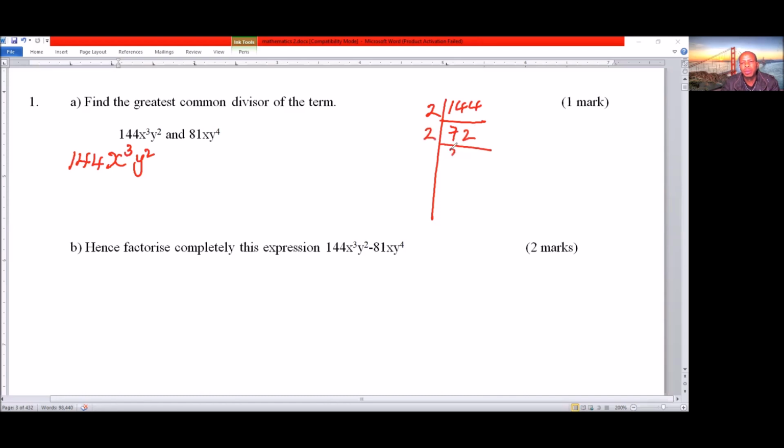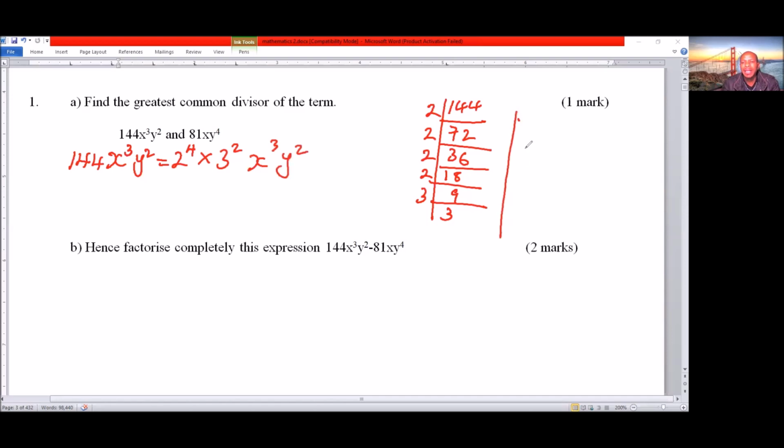Divide by 2, you get 36. Divide by 2, you get 18. Divide by 2, you get 9. Divide by 3, and you get 3. So this is 2 to power 4 multiplied by 3 squared, and then we have our x cubed and y squared.